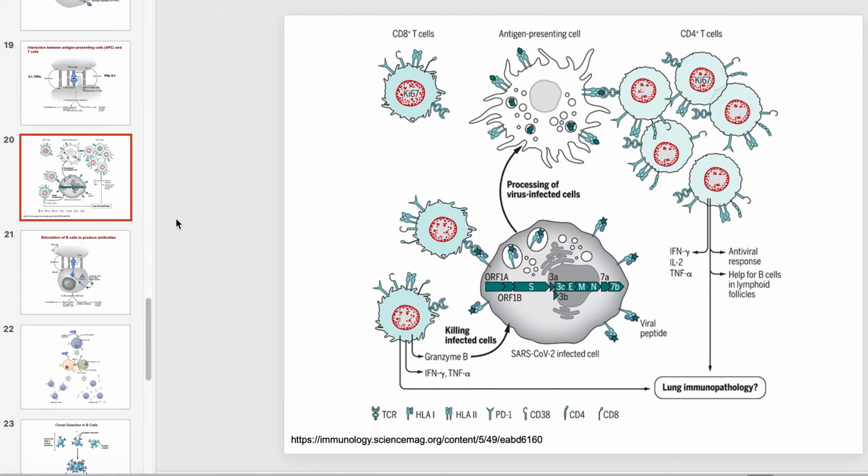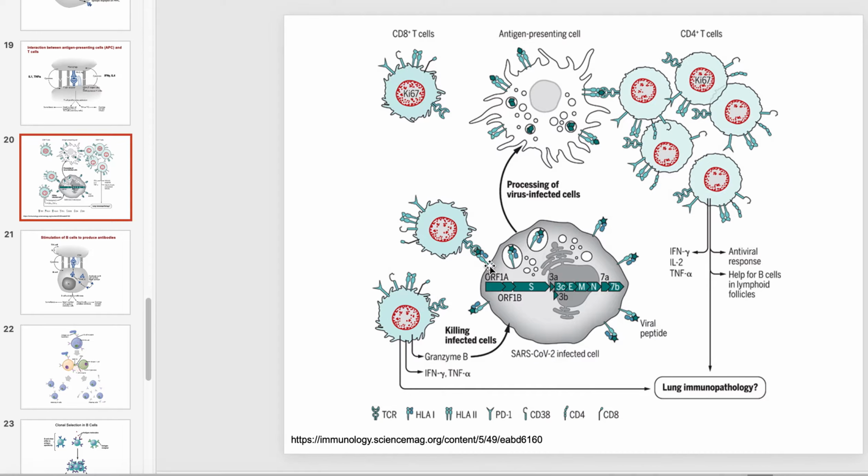So here's another look at this process. In this particular case, here's a virus, a SARS-CoV-2 virus-infected cell. And this particular virus-infected cell has been infected and is now displaying virus antigens on its surface.